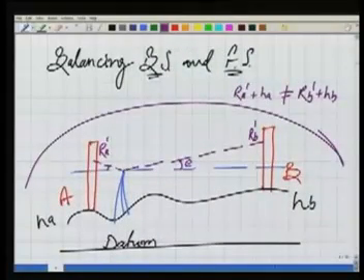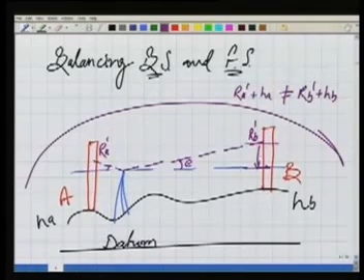In order to make them equal, what should I do? If you see here, because of the error in the instrument, we have some error here, EA. Similarly, here also we have some error, EB. Somehow we have to make these two errors the same.